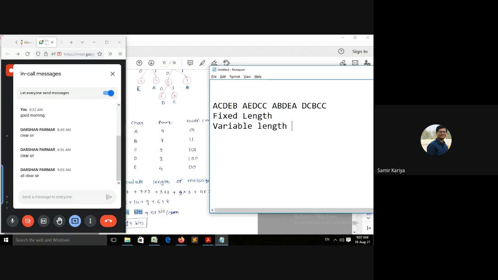Now guys, try to solve this example and I want the answer from all the students.